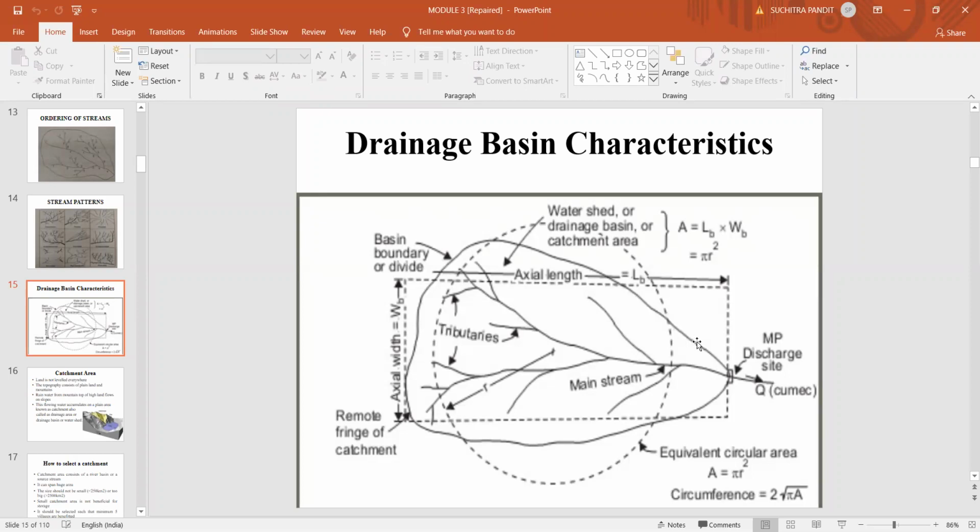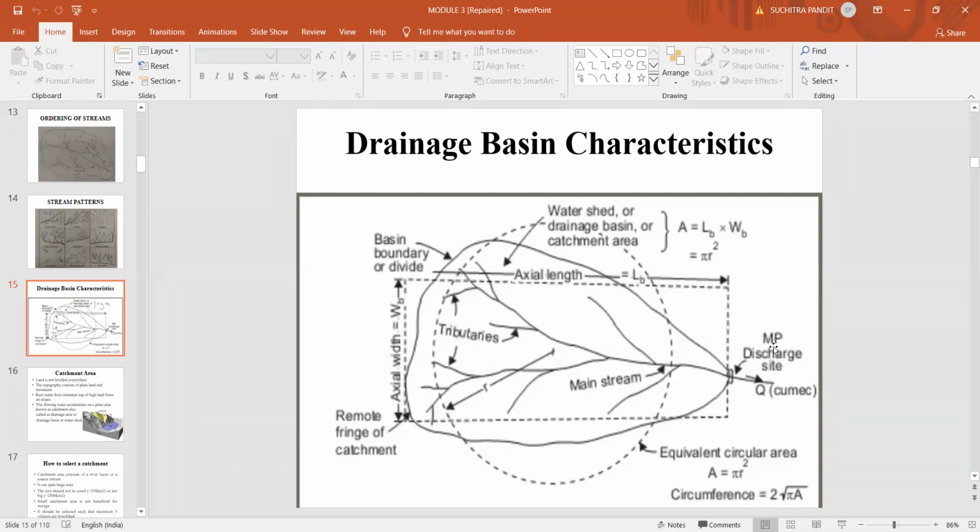This is the main stream, and you have these small tributaries which contribute flow to the main stream, and the extreme boundary is called the basin boundary, or also the basin divide.